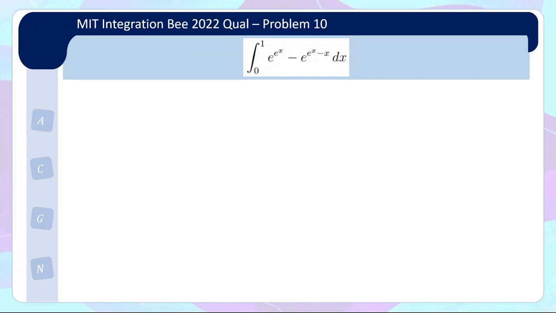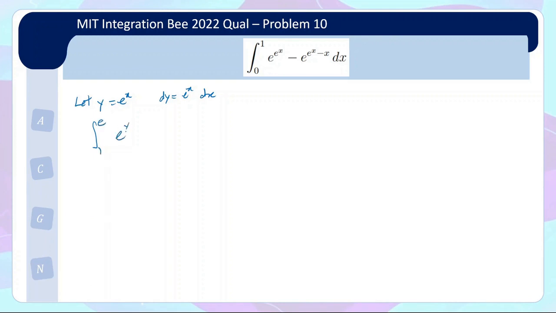Okay, so it looks pretty insane with all the e to the x. But this really suggests to you that you should let y equal e to the x and see what happens. So you have dy equals e to the x dx. So the integral, not from 0 to 1, but from e to the 0, which is 1, to e to the 1, which is e.